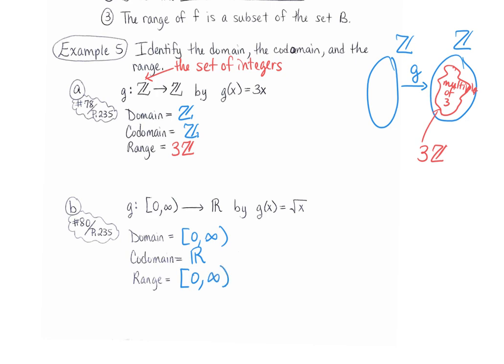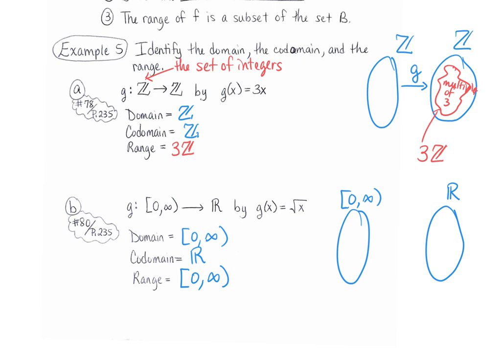Do you need me to draw it? Do you want to see it in set, or a number line? A set? So you're taking the positive real numbers, and then you're mapping that to all real numbers. That includes negative numbers and positive numbers and 0.